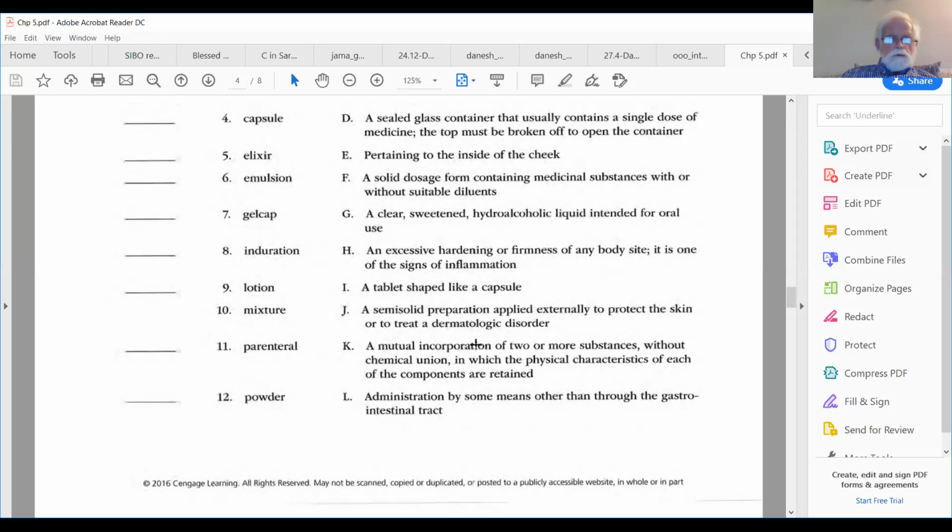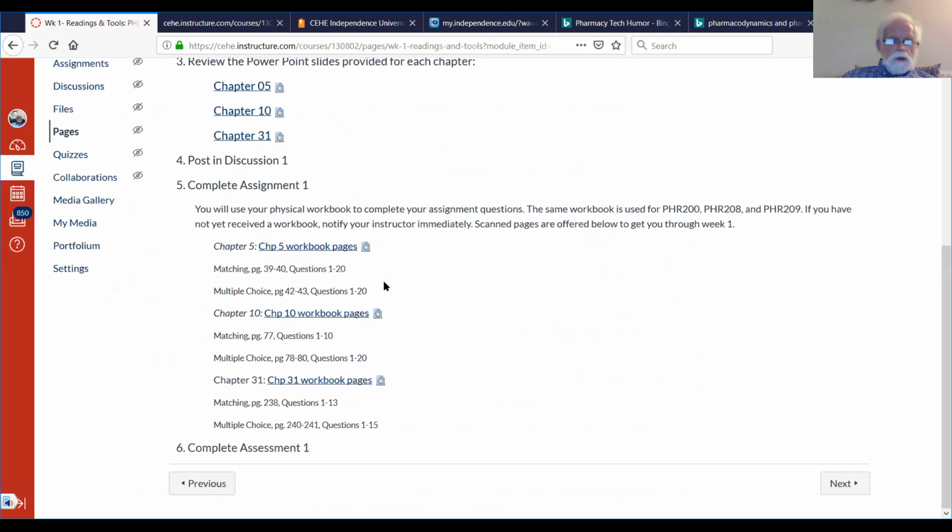So you'll need to get this downloaded and printed and go from there. Let's go back to here. So there's one for each chapter, and it tells you which of the pages you should be going through. And then you have an assessment each week as well.